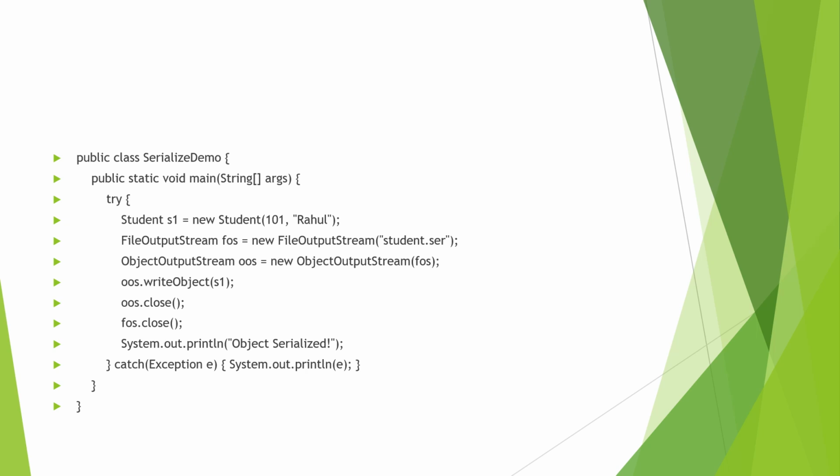Through the object new, again it is passing student.acr. Student.acr is a file name where the stream is being stored.